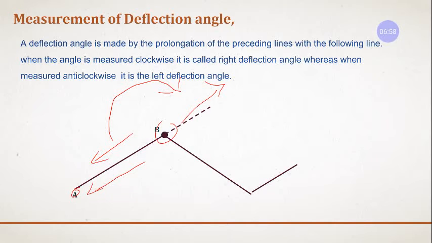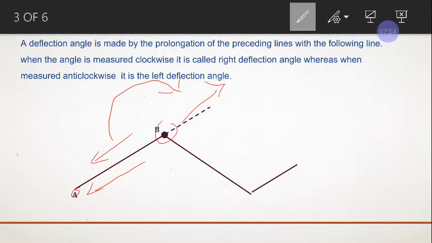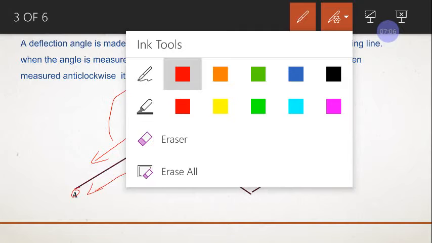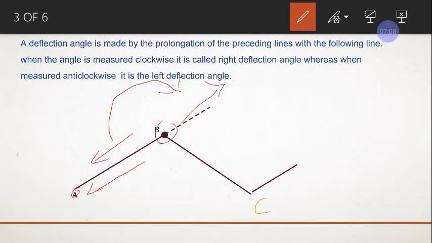Once this is done, this is C. Now you turn your telescope in the clockwise direction and bisect point C.